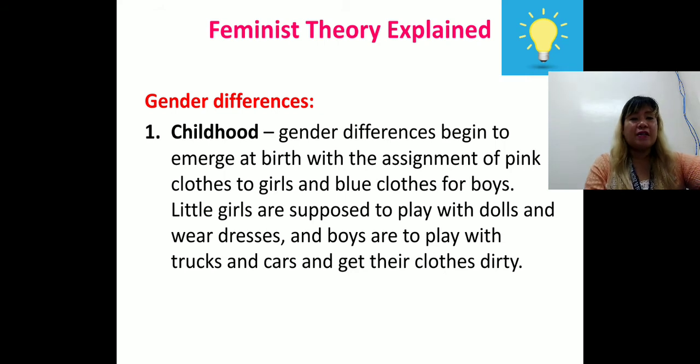The first one is childhood. Gender differences begin to emerge at birth, where pink clothes are assigned to girls and blue clothes to boys. Little girls are supposed to play with dolls and wear dresses, and the boys are to play with trucks and cars and get their clothes dirty.